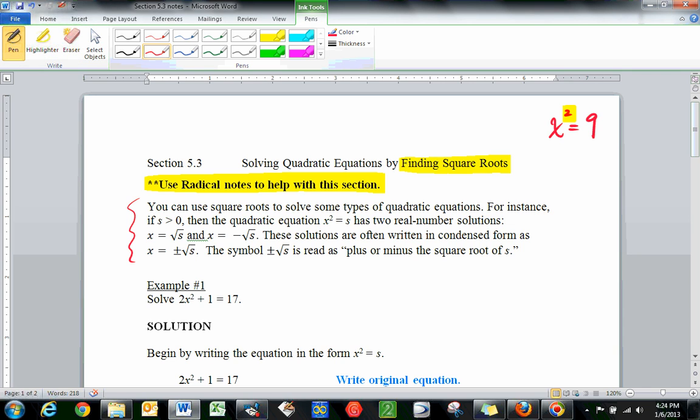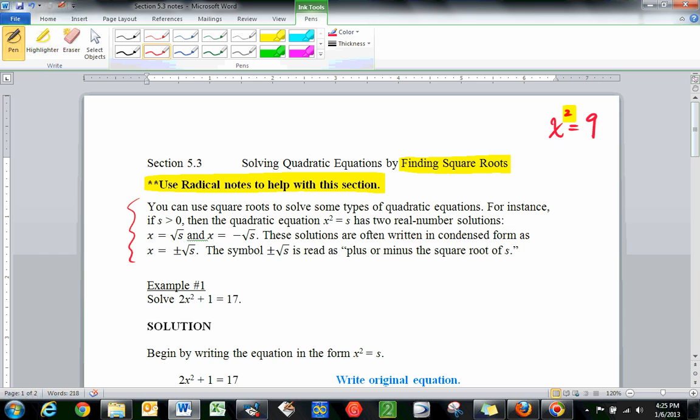Now, in a prior lesson, when we solved the quadratic using factoring, we tried to make the right side of the equation equal to 0 and then move everything to the left side so that we could factor the quadratic form. In this particular case, however, we do not necessarily need to move the 9 over and get it into factoring, even though that would be an option here.